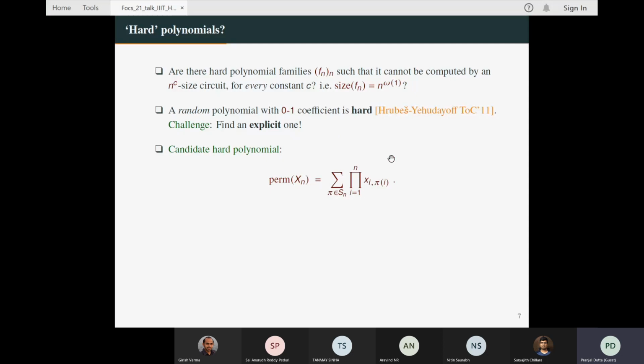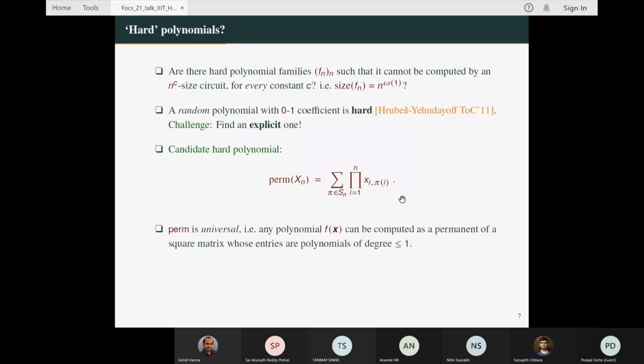And we want to show that this is hard. And why is this explicit? Because given a monomial, I can tell whether its coefficient in the permanent is 1 or 0. So this is an explicit polynomial. The question is, can I show that this is hard? I'll come to that.